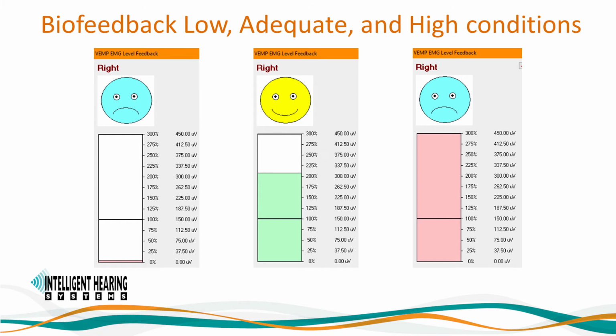When the sweep baseline EMG level is less than the acceptance amplitude range minimum value, the low level condition, the bar displayed is shaded in pink, and the face displayed is a blue sad face.